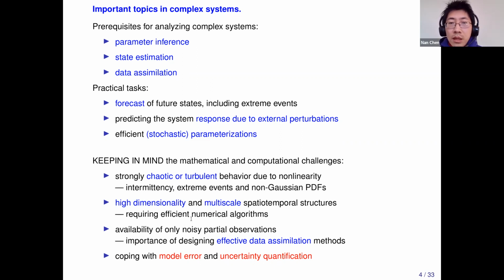And whenever we think about these issues, always keep in mind there's not a single system or a single model that is perfect, right? All models are wrong, but some are useful. So we have to think about how to deal with the model error and how to quantify the uncertainty in all these complex systems. And these will be some of the topics I try to emphasize in my talk.